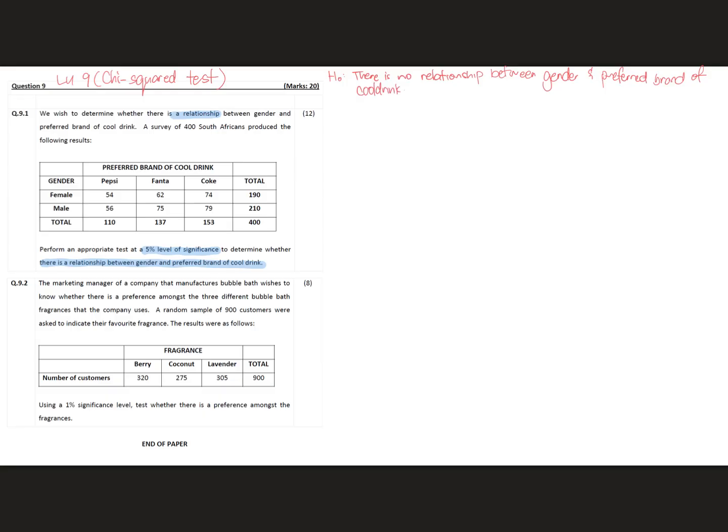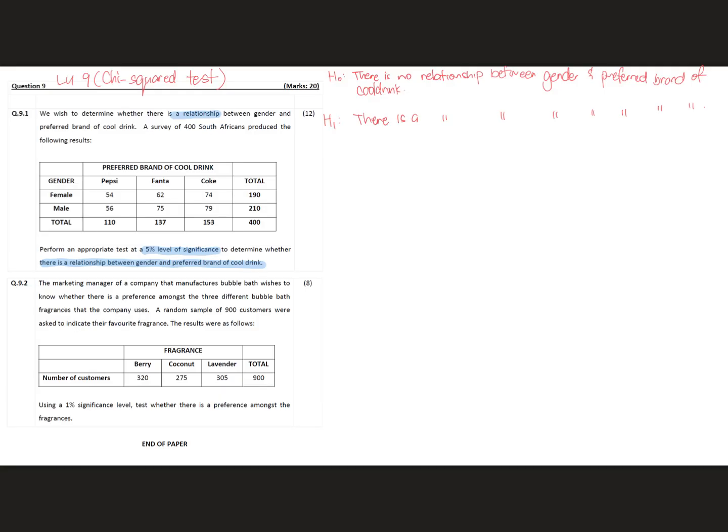And your alternate must always say the opposite. So you will say that there is a relationship. I'm just going to put in dittos here, but obviously you'll need to write down that whole sentence. So you'll say there is a relationship between gender and the preferred brand of cold drink. And that's step 1 done.